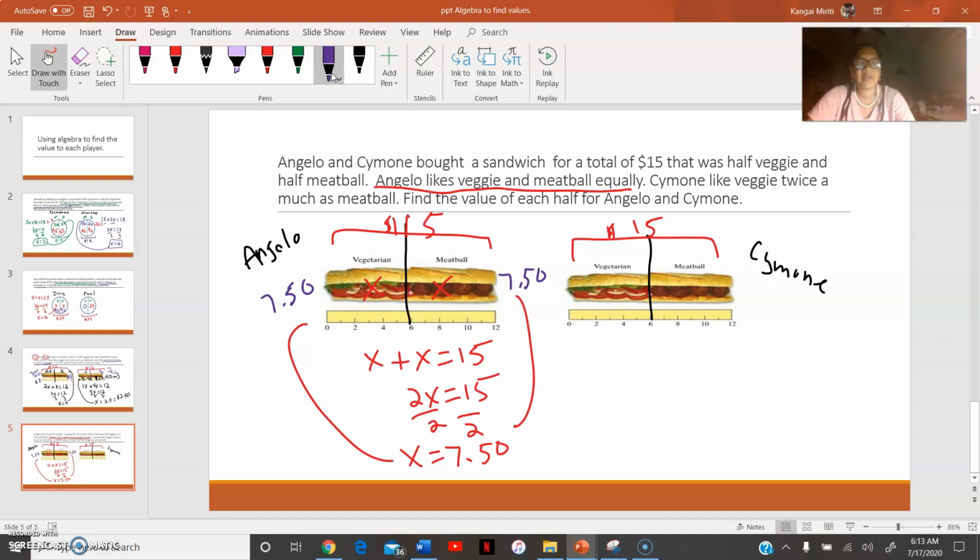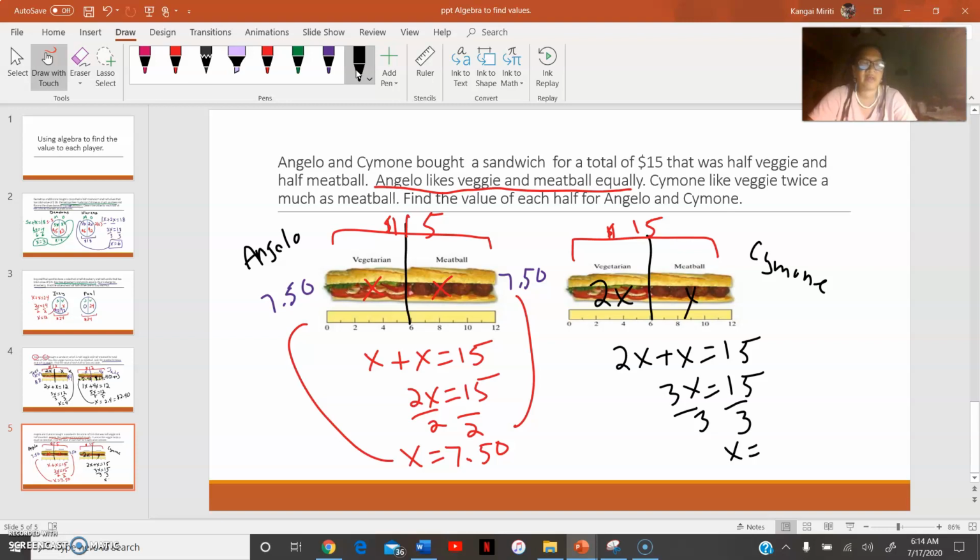And what about Simone? Simone likes veggie twice as much as meatball. So we might need a little algebra here. Veggie is 2x. Meatball is x. The value of the whole sandwich is $15. 3x equals 15. Divide by 3, x equals 5.